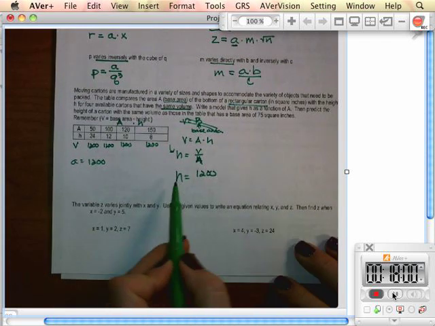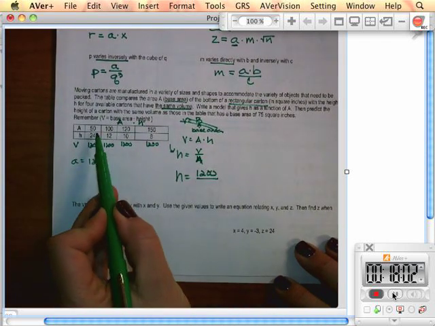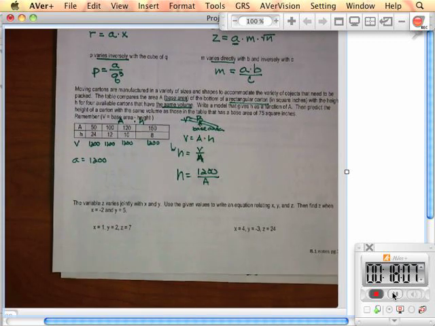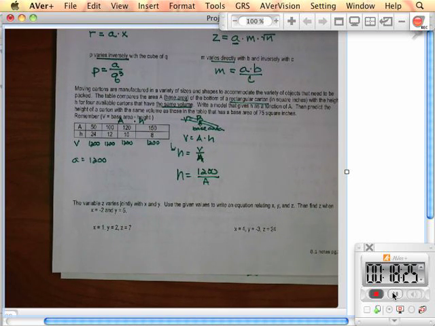So my height is going to be 1,200 divided by any type of area that you put in there, no matter what, for these rectangular cartons. Oh, wait a minute. I did it. I wrote the function. The volume's consistent. That's my little letter A, my constant of variation. If I divide it by any area, I'm going to get the height of the carton that they're making.